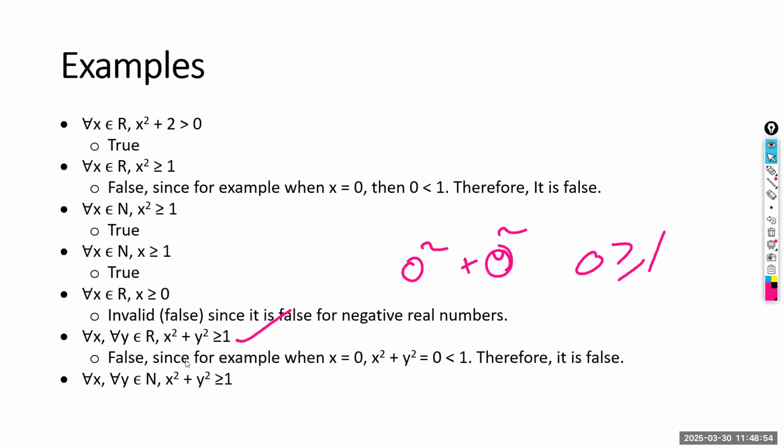What about the last one? Now for all x, all y coming from natural numbers, x squared plus y squared must be greater than or equal to 1. That is the statement.